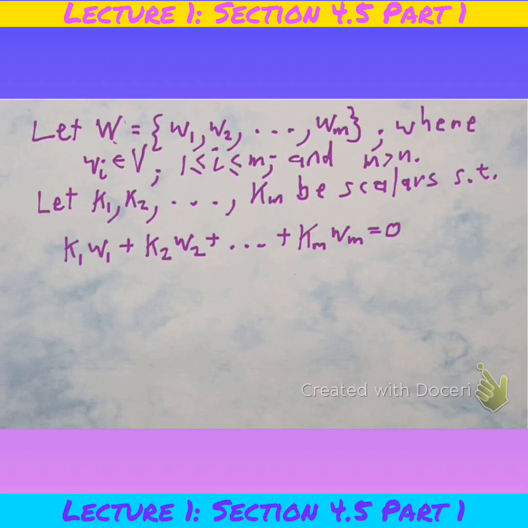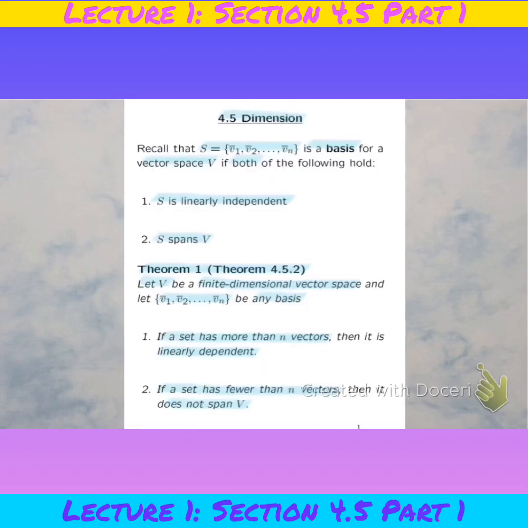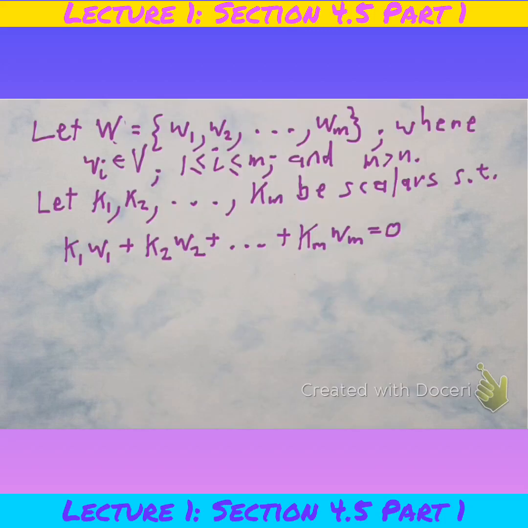Okay, so how do we do that? Remember that the set of vectors v1 up until vn is a basis. So a basis spans the whole vector space V. So we can write every vector as a linear combination of the vectors in the basis.